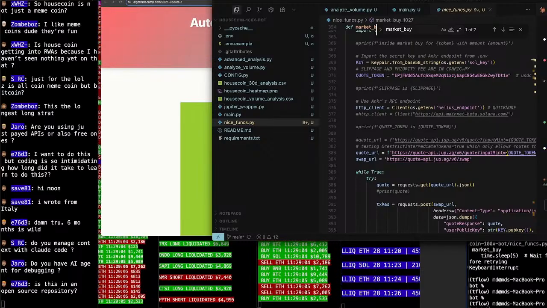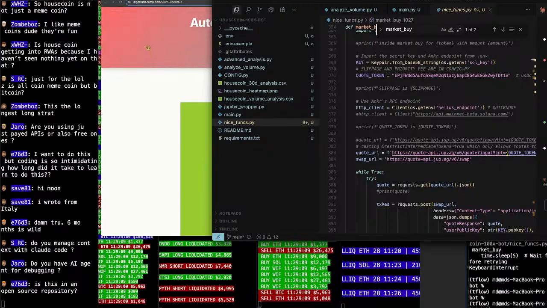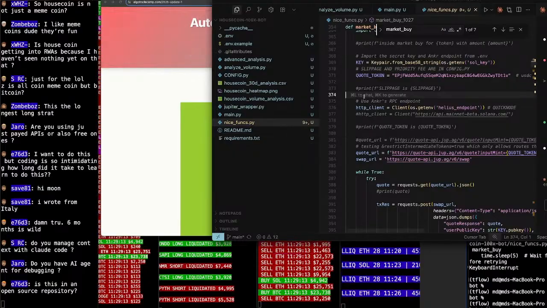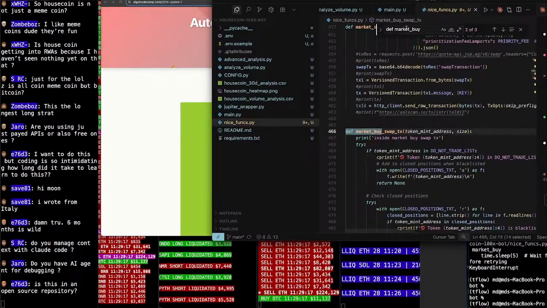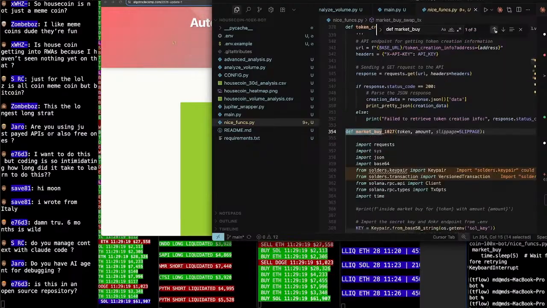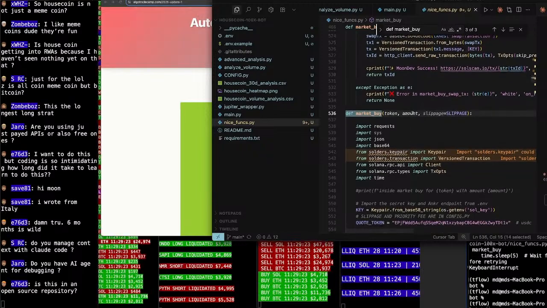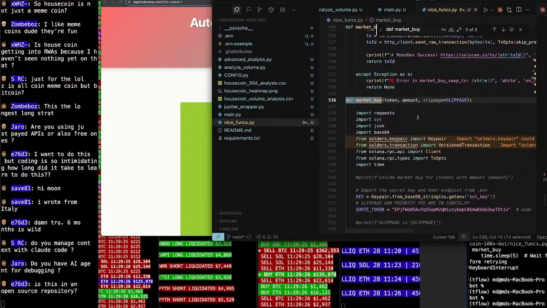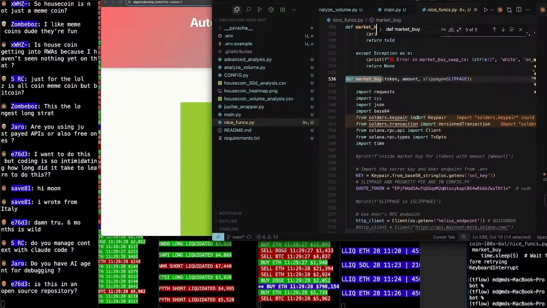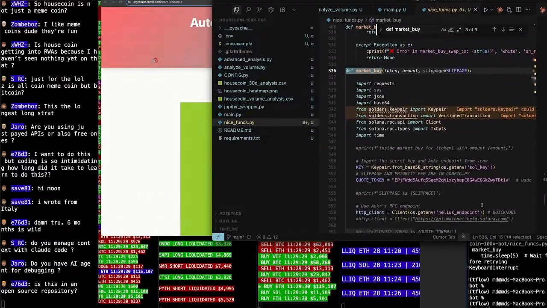I see the issue. The bot is running, but the box characters are wrapping badly in your narrow terminal. Let me fix it. Let's go look at that market buy function. Here it is. I bring in my soul key here. Helios endpoint. I don't think that's what it's called.